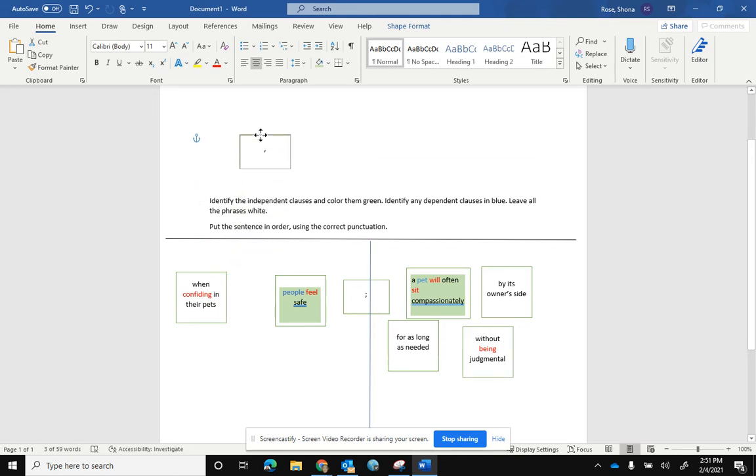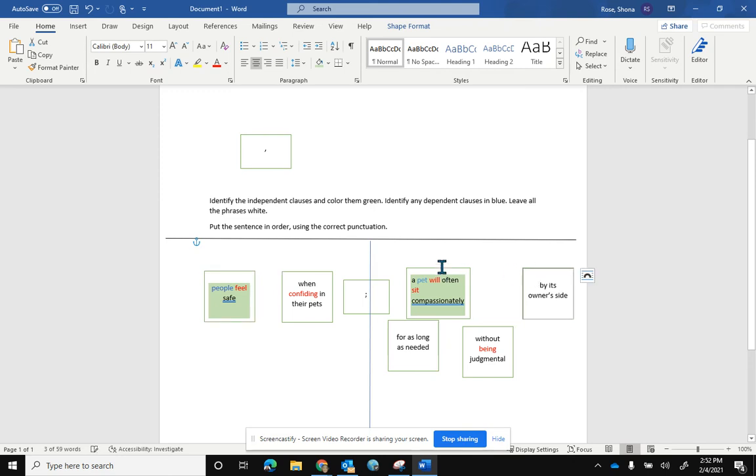So I think I'm going to change it around a little bit and I'm going to use that comma somewhere else. So I want the main point to be at the very first part here. People feel safe when confiding in their pets. Well, why? And I think that that's where this one goes.